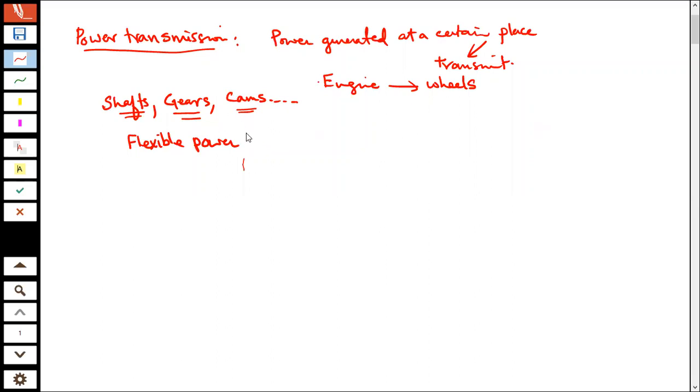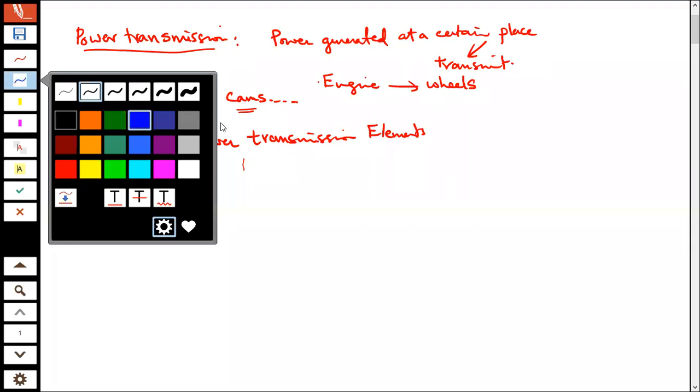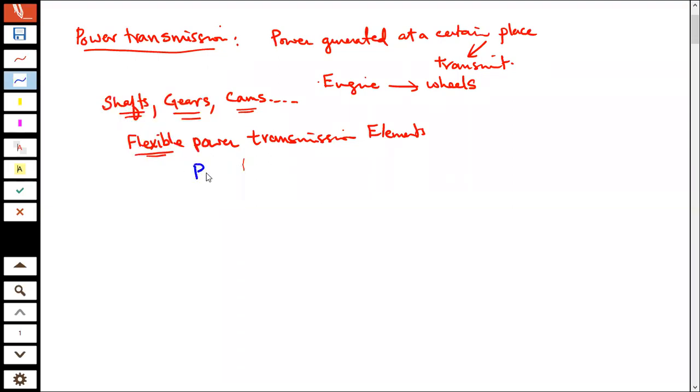Now, what are flexible power transmission elements? As the name says, they are flexible. Those flexible power transmission elements include belts, chains, ropes, and there are also flexible shafts.